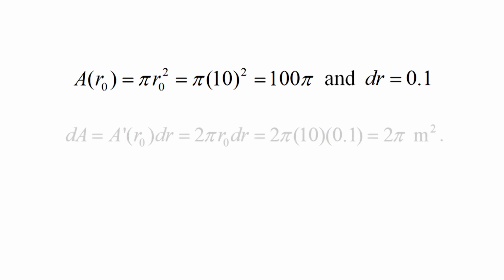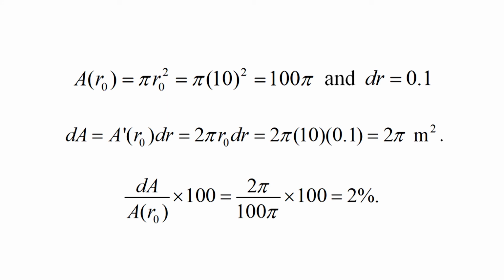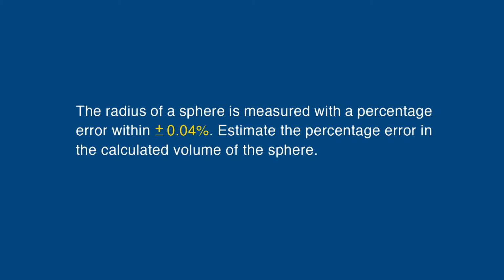So, dA is equal to A prime r naught times dr, which is equal to 2 pi r naught times dr, which is equal to 2 pi times 10 times 0.1, which is equal to 2 pi meter square. Hence, dA by A of r naught times 100 is equal to 2 pi by 100 pi times 100, which is equal to 2%.